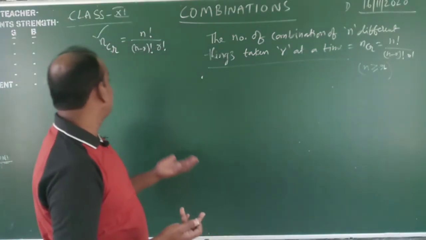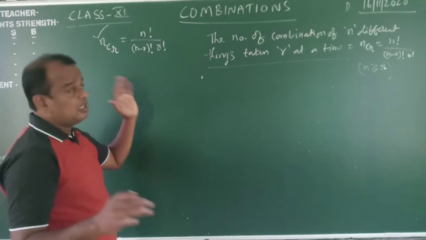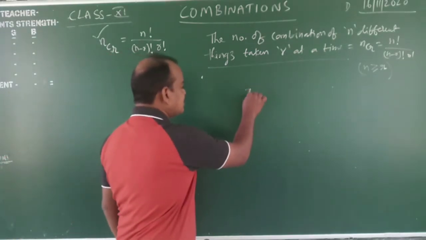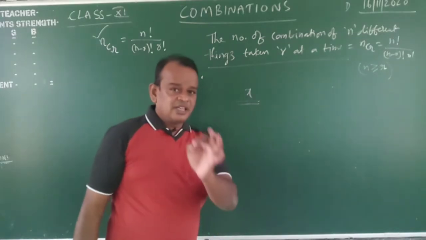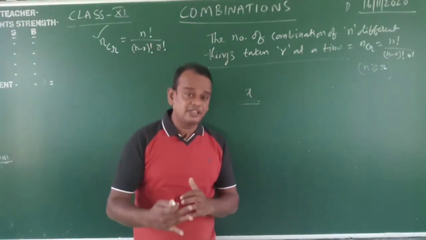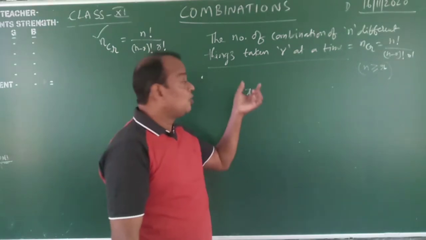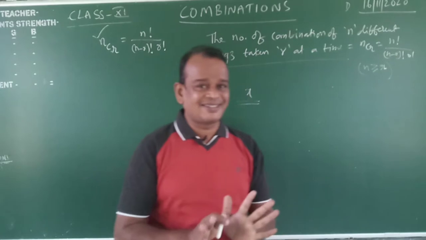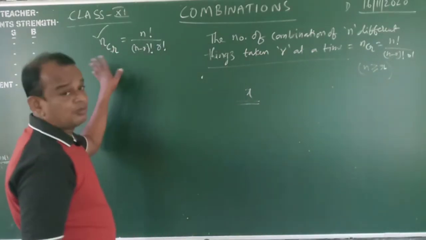You know that x value. The total number of combinations of n different things taken r at a time is x. That x is nothing but nCr, no problem at all.